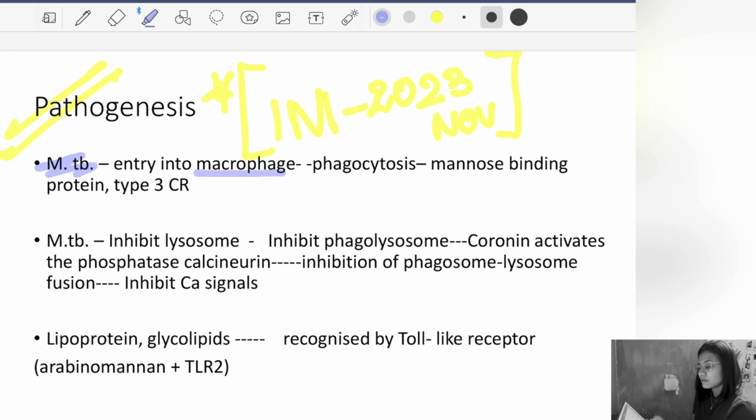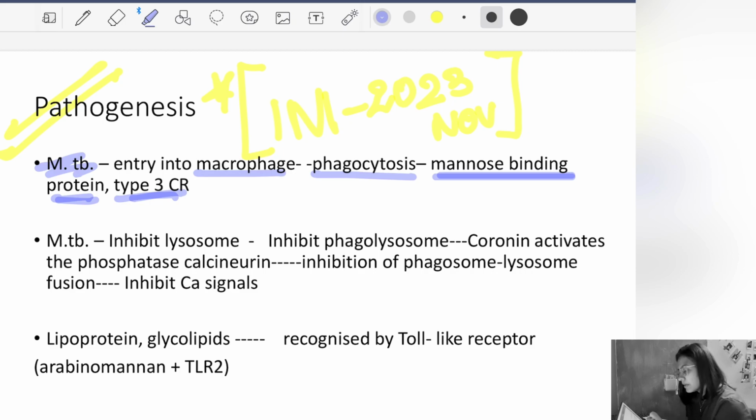They enter into the macrophage via phagocytosis, and they use two receptors, which is mannose binding protein and type 3 complement receptor.